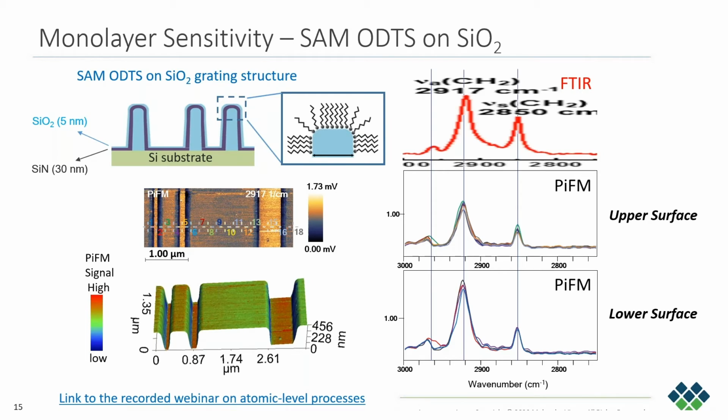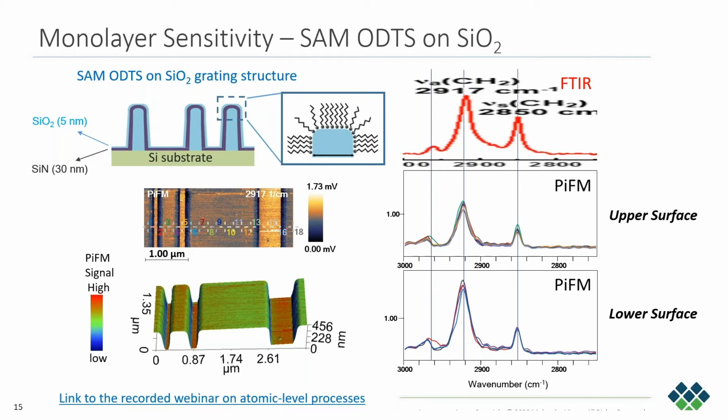When we take the spectrum across the structure, here in the middle it shows 1 through 18, and we can assemble the spectra acquired at the top surface and at the bottom surface.